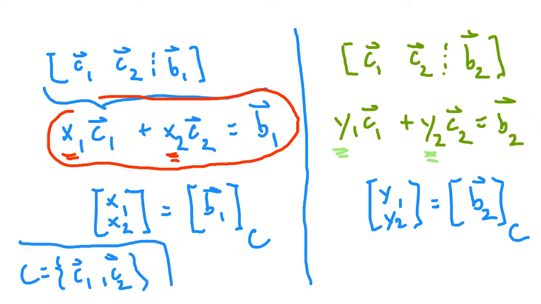So the change of coordinates matrix from basis B to basis C is just going to be the matrix that consists of those two coordinate vectors.